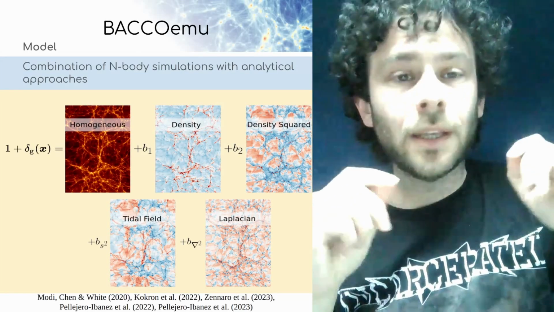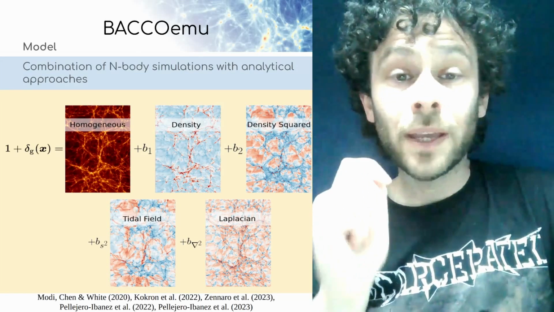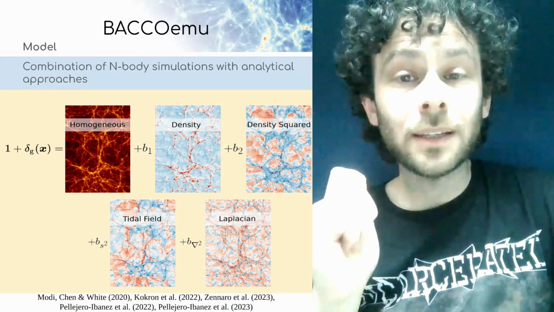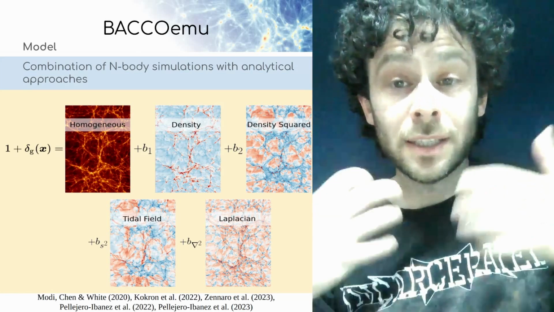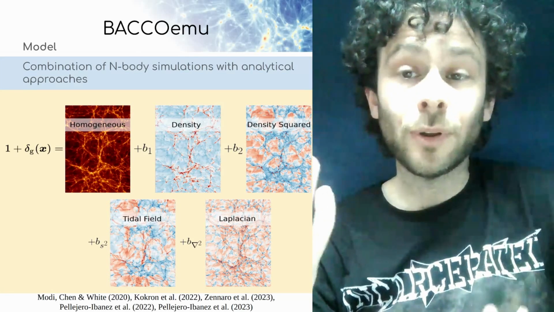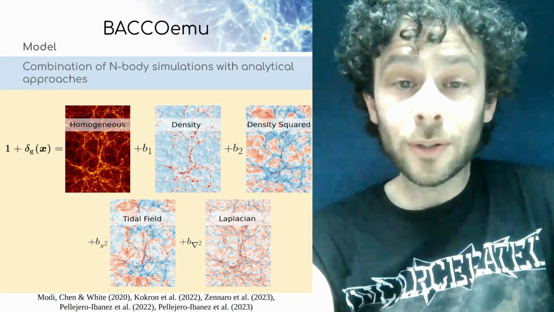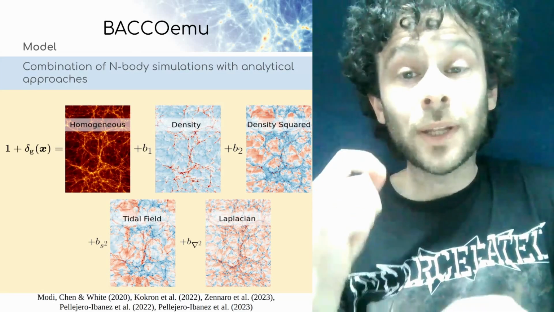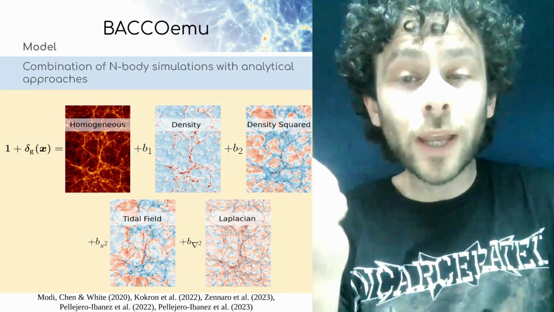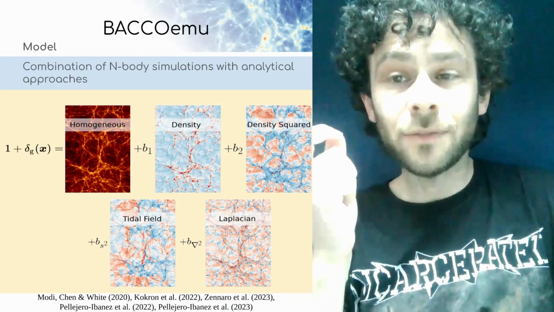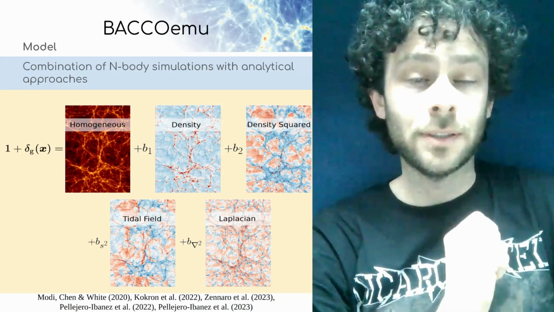For example, the first element of the basis expansion is the dark matter density field itself, since we expect the galaxies to follow the dark matter distribution. The second element is also the dark matter density, but each mass has been weighted by the value of the density field it had in the initial conditions.